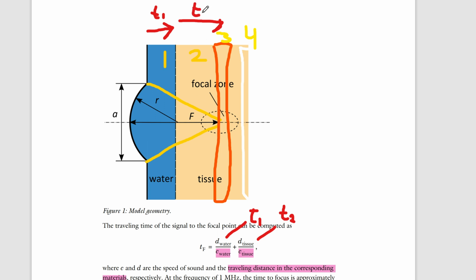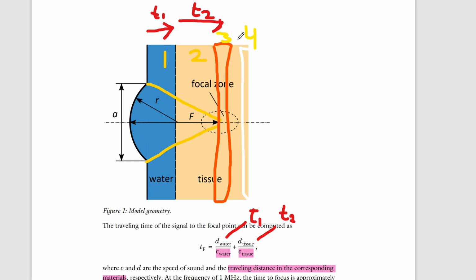Because if we did time outwards, this could go on. Maybe it's the time until we hit our focusing point here. But if we didn't specify that, we're looking at time in tissue, we could go on forever. So time through the water, we're going to go all the way through the water. So the entire time in the water, plus the time in the second tissue, all the way up to our distance.